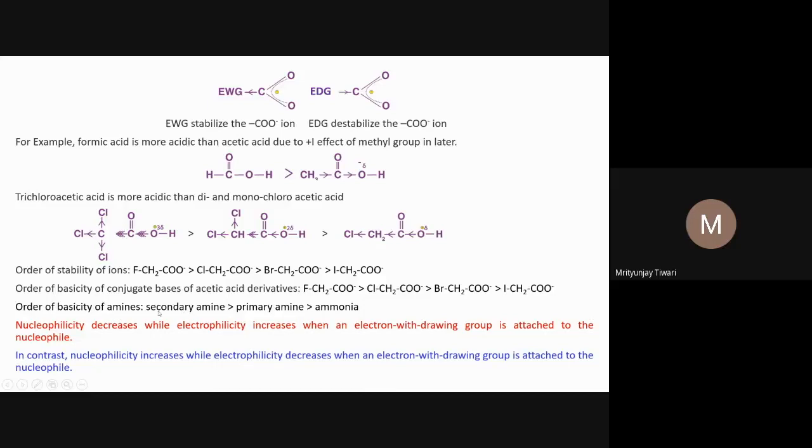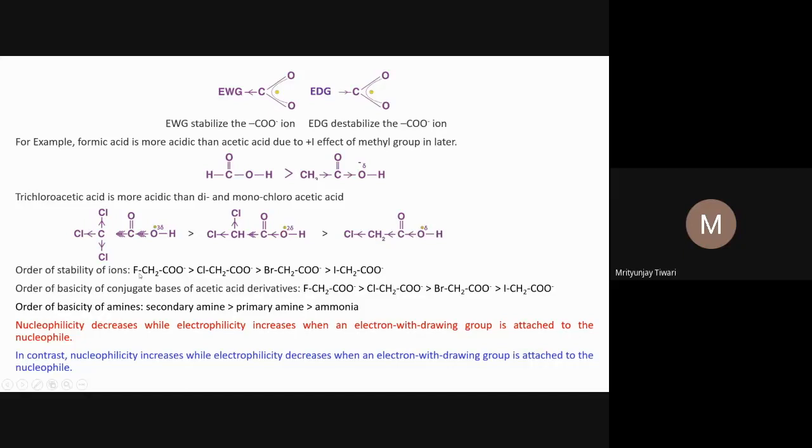Now, if you look at the order of stability of these ions, the electronegativity of chlorine is more than that of the other halogens in the monosubstituted haloacetic acids, whose conjugate bases we have just shown here. Fluorine has the highest electronegativity, and so it will pull away maximum electron density from this oxygen atom.